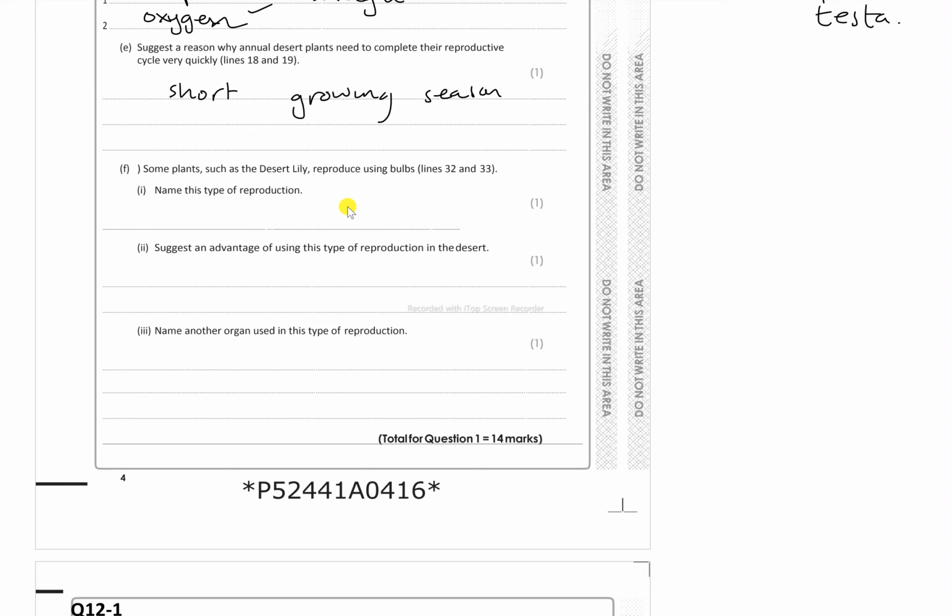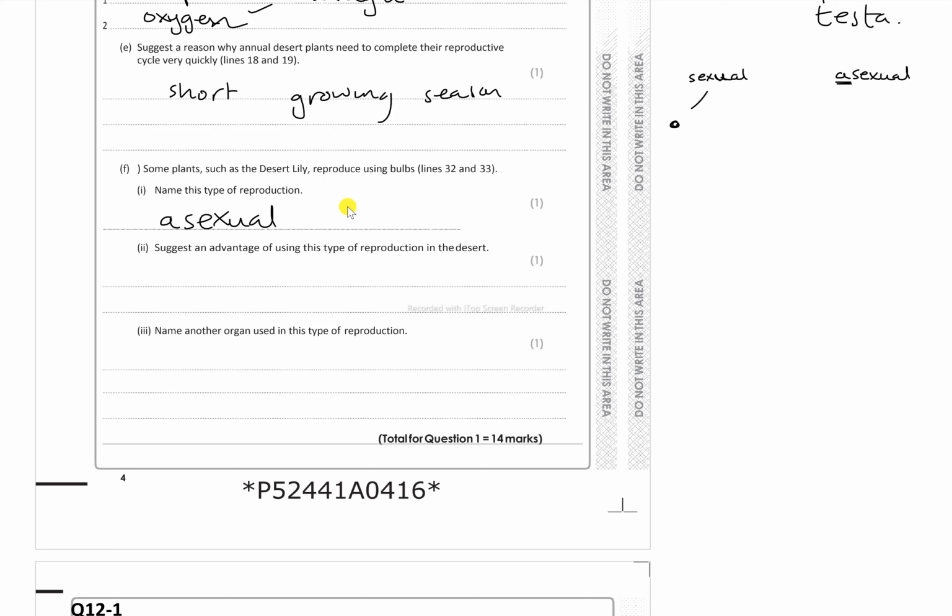Okay. Some plants, such as desert lily, reproduce using bulbs. Name this type of reproduction. It's called asexual reproduction. So remember we said you've got sexual reproduction, and a means not or away from sexual reproduction.